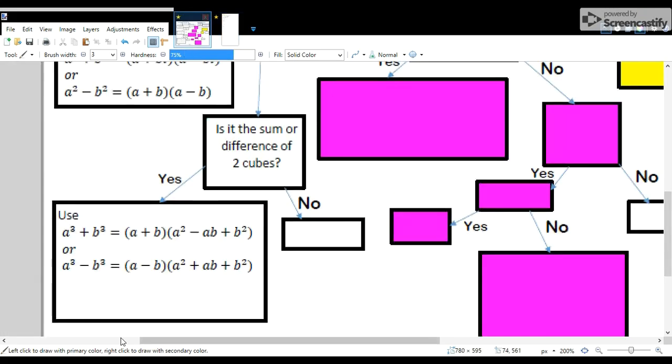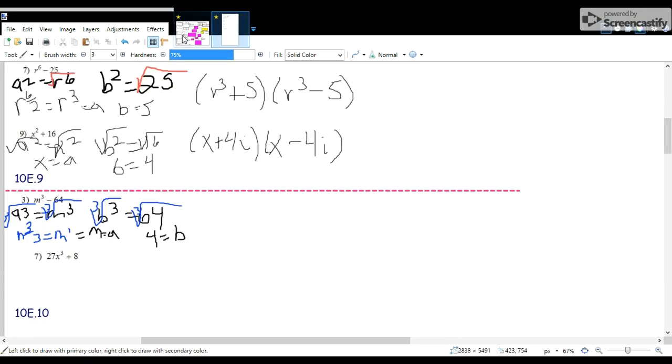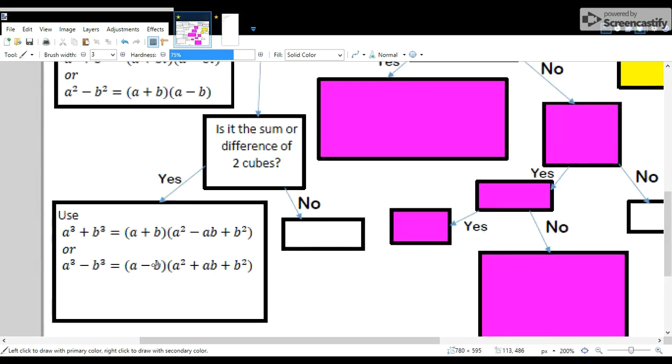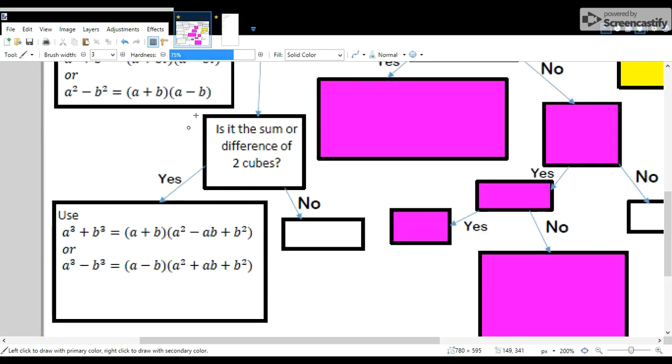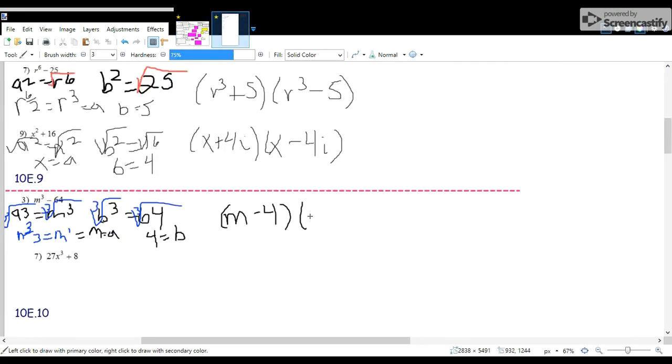So now we're going to go back and look at our equations. It's a difference. So we're going to have a minus b. So we have m minus 4. And then we have a squared. So it's going to be m squared plus a times b is 4m. And then plus b squared. 4 times 4 is 16.